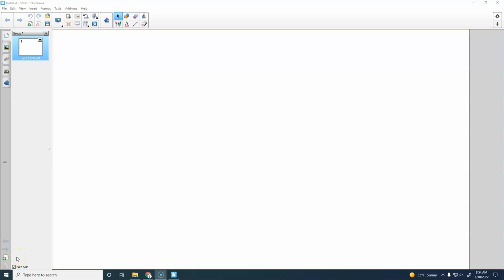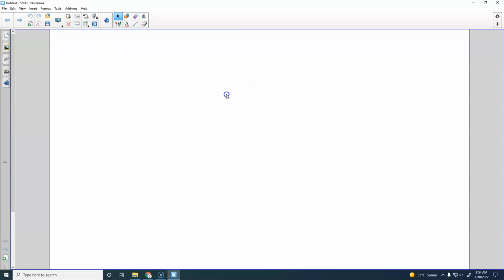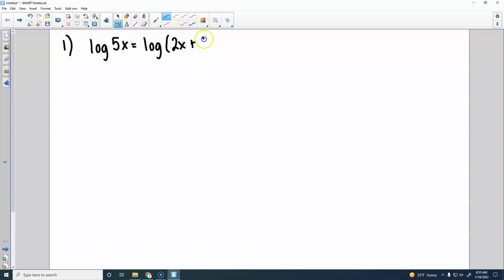So we're just going to start with number 1, which we have done ones like this before. So we would have log of 5x equals log of 2x plus 9.